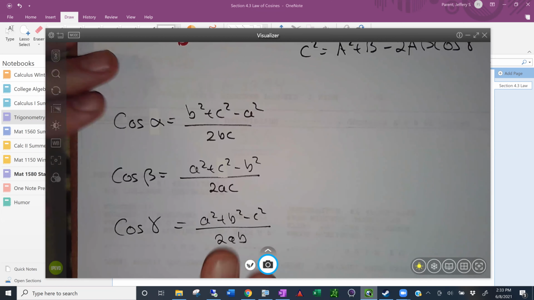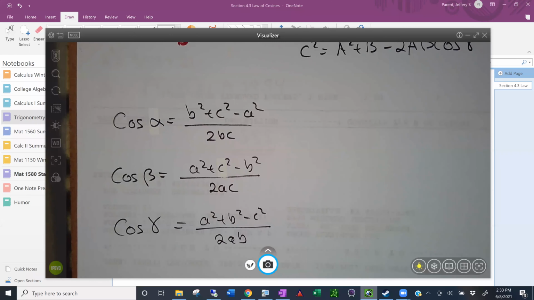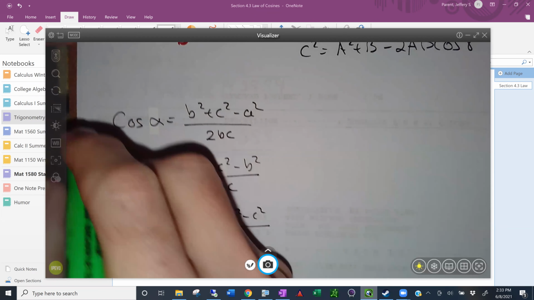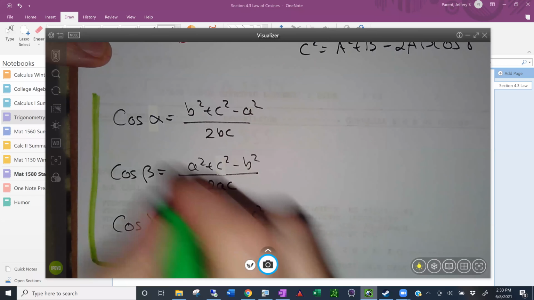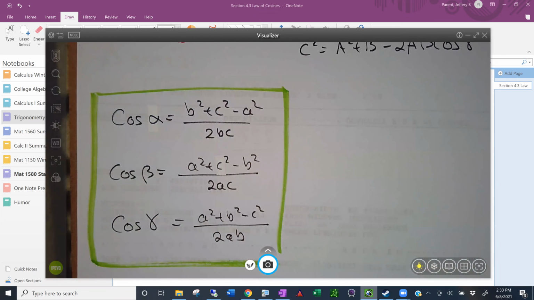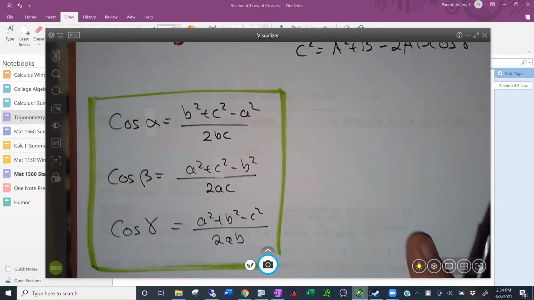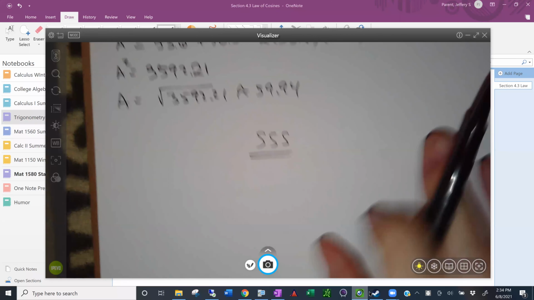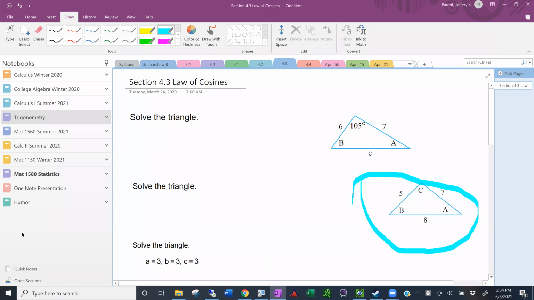So you've got three different versions of this depending on your triangle. And this is another little thing that I would add to my sheet. If you have it here, it's just so much more user-friendly to solve. So let's see if we can do that for the triangle that we were given. Let me go back here.